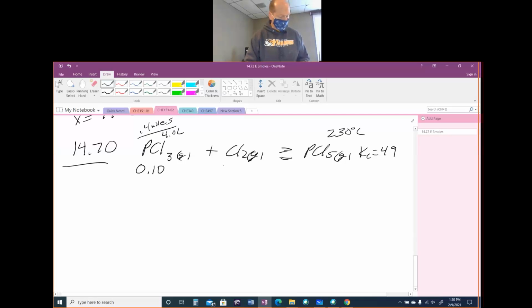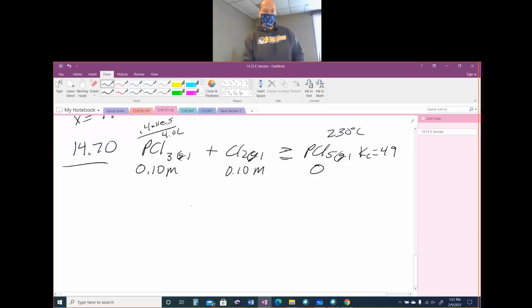0.10, and that is for both the PCl3 and the Cl2. They are both 0.4 moles in a 4-liter reaction vessel. And that's all they say. And so if they don't say anything about PCl5, it is a 0.